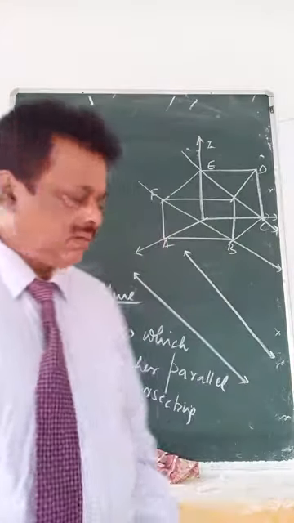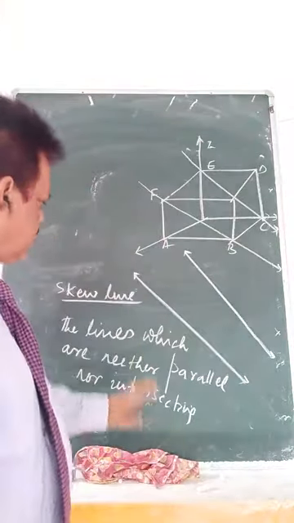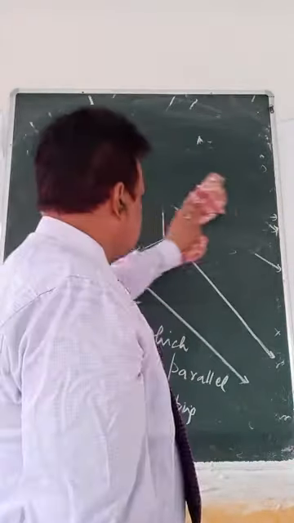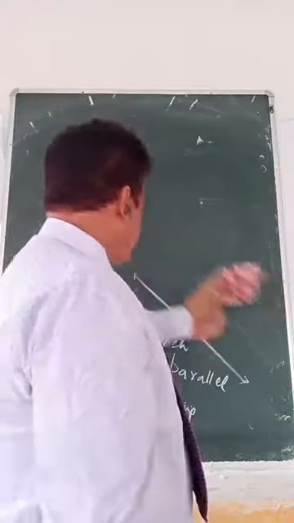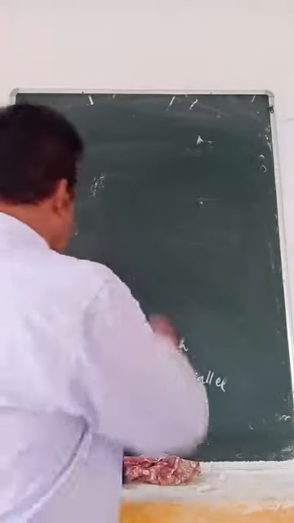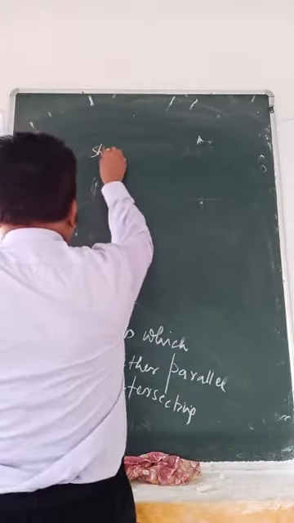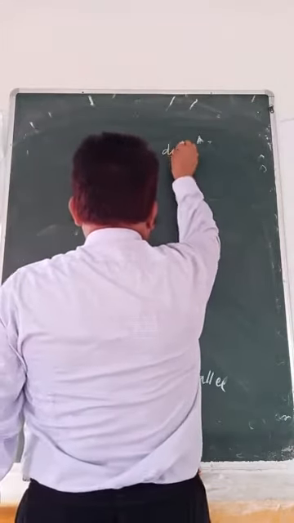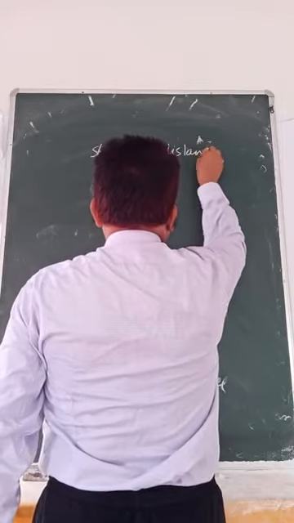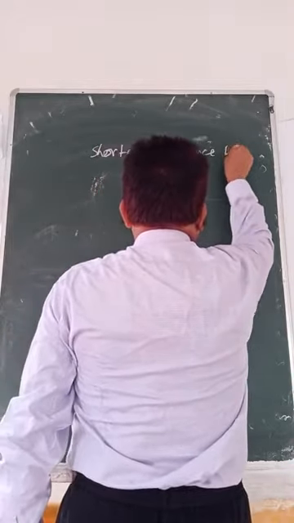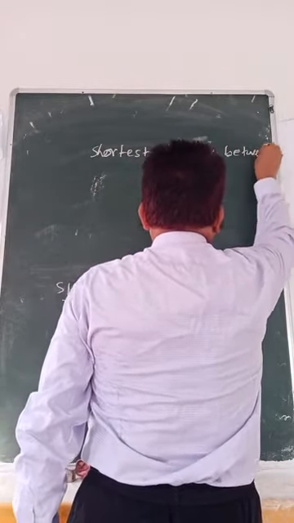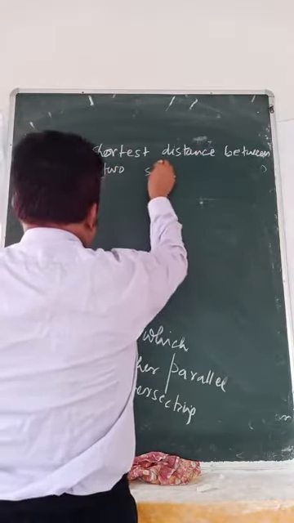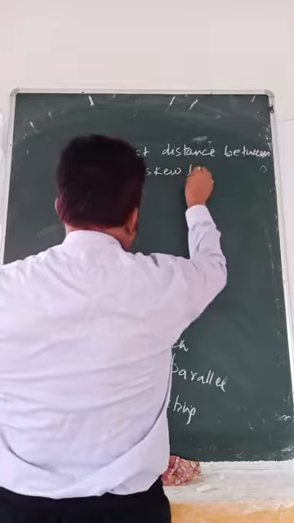Neither parallel nor intersecting. So today we discuss the shortest distance between two skew lines.